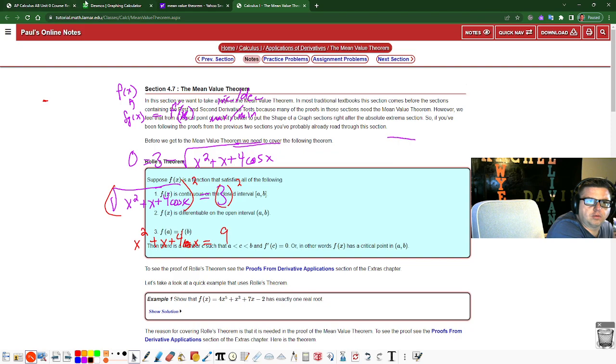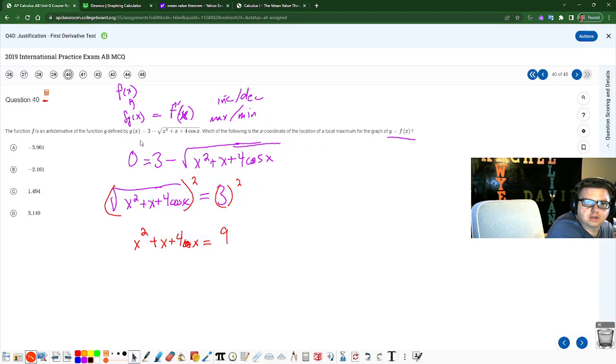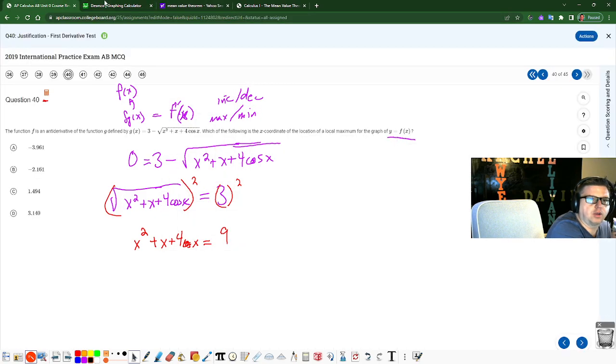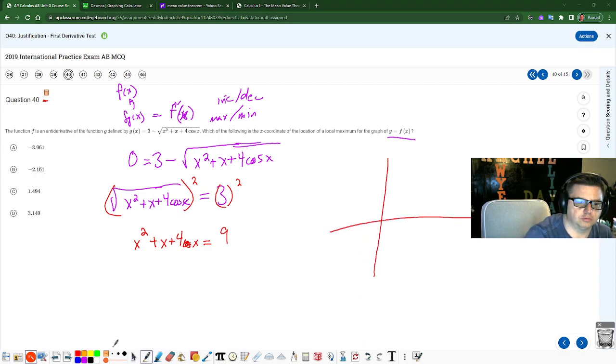All right, our question says, which of the following is an x-coordinate of the local max? Okay, so here we go. If this is our graph, let's draw that out. We have a parabola that comes here and goes there. Remember, this is a plus to a minus, this is a minus to a plus.